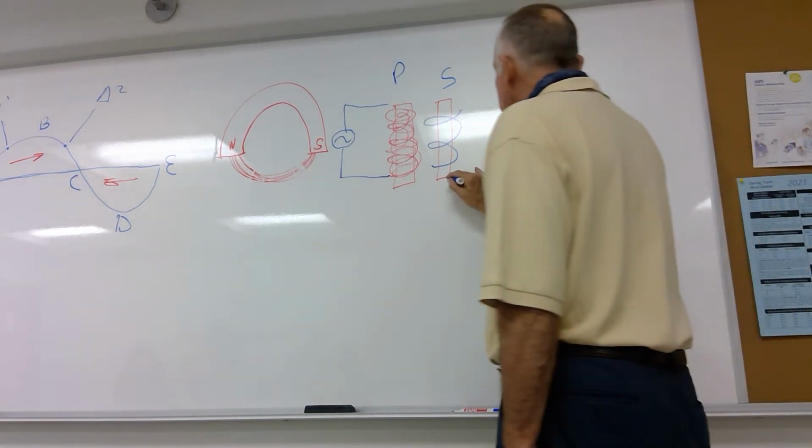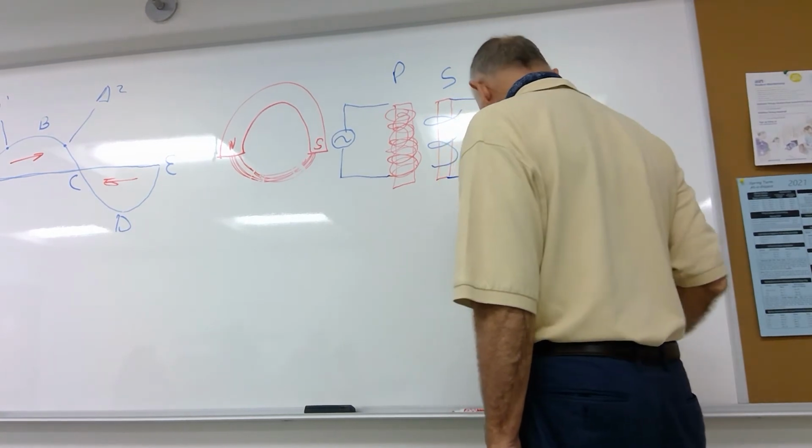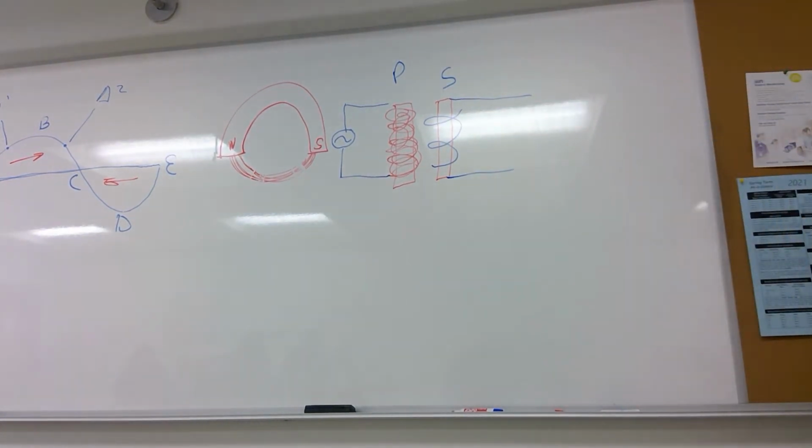And this is a step down transformer. And the scenario you're looking at there is something called mutual induction. You must have alternating current for mutual induction.